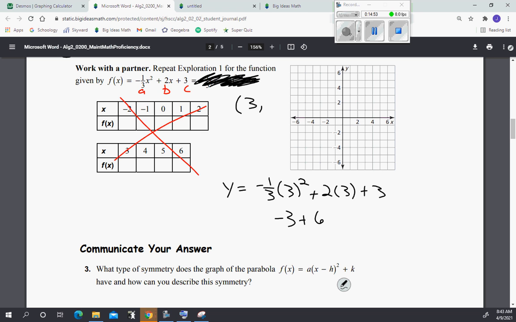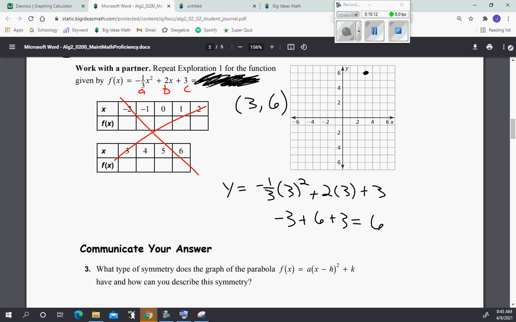Plus 2 times 3 is 6. Plus 3. We get 6. So our vertex is at 3, 6.